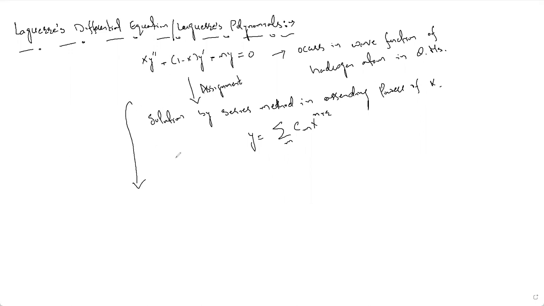Since it is the Laguerre differential equation, instead of y we represent the solution by L_n of x. The general solution to this differential equation is given by summation over r running from 0 to infinity of minus 1 raised to power r, n factorial, divided by r factorial squared, times n minus r factorial, times x raised to power r.